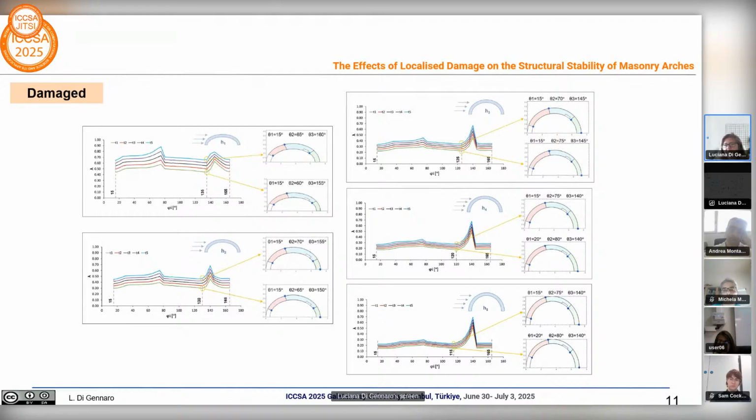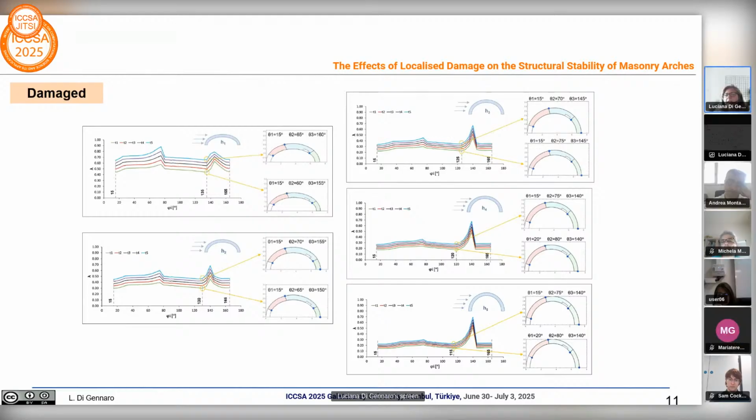And a third minimum can be observed in each graph within the second kinematic block, in the interval between 115 degrees and 135 degrees. As the arch rise increases, this critical damage position shifts progressively towards the crown, indicating a shift in the internal equilibrium mechanisms.